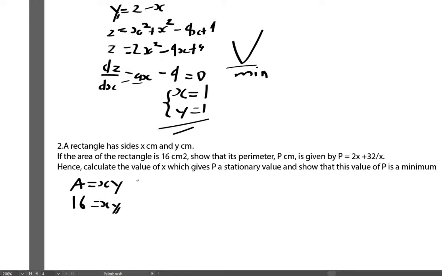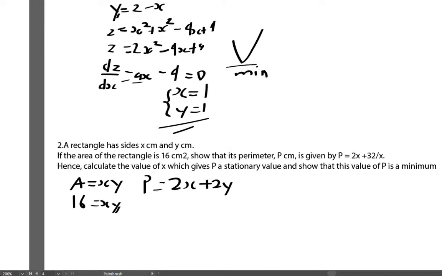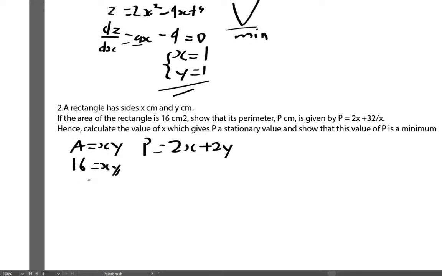You know that the perimeter here equals 2 times the length of x plus 2 times the length of y. This is basically simple geometry. So when you know that y equals 16 over x, you could realize that it's 2x plus 32 over x.